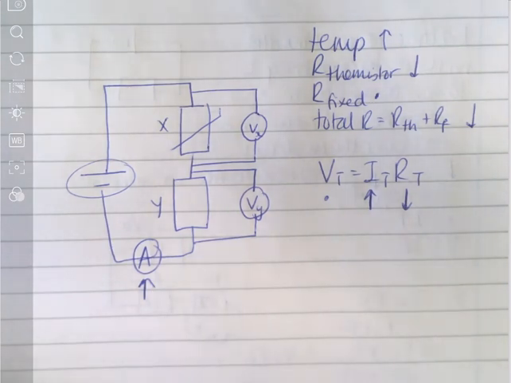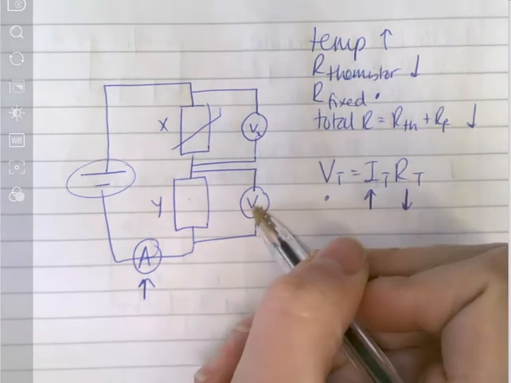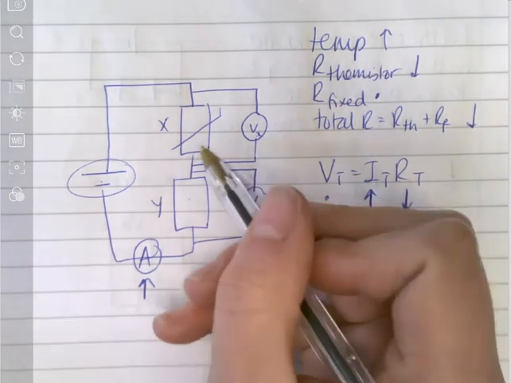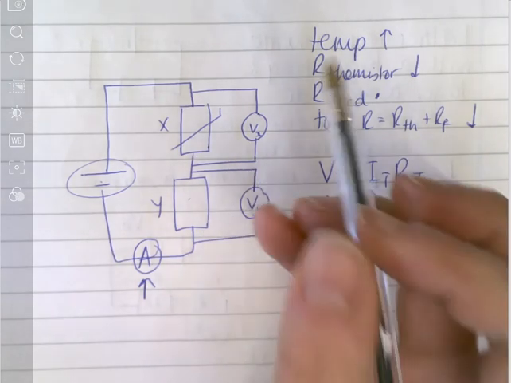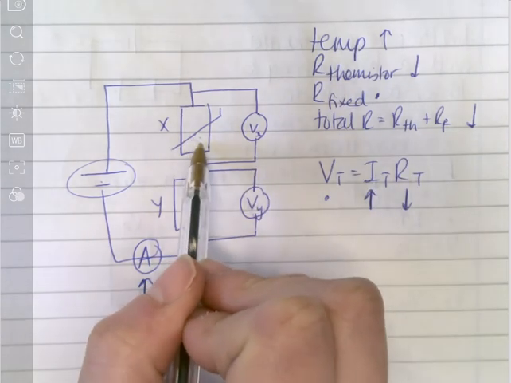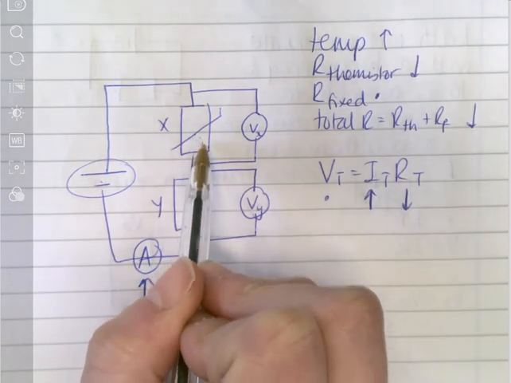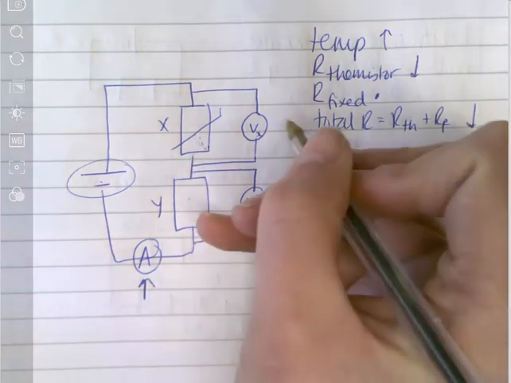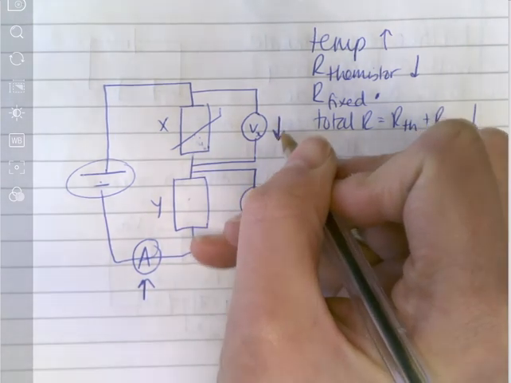Now the voltage thing is more difficult when we look at these two things in series. The voltage across each of these is a proportional share of the battery voltage, and it depends on how hard this is to get through. Now if I've decreased the resistance of X, that means it's now easier to get through it. So it will take less voltage to get through it.